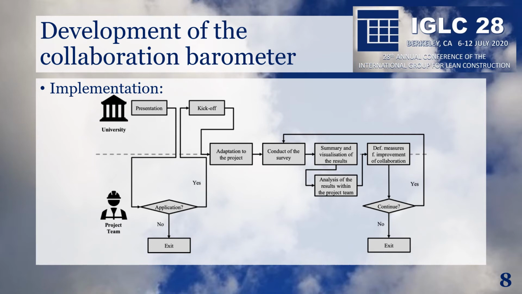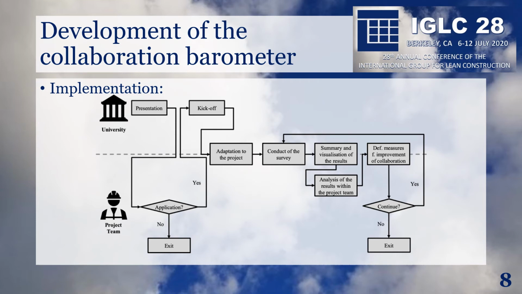If a decision for the application is made, the team concerned must be informed in advance about the measurement instrument in order to create an understanding and to achieve the highest possible number of participants in the implementation. In this course, the barometer can still be adapted to the project. For example, it is possible to form special project groups in order to structure the evaluation according to these groups.